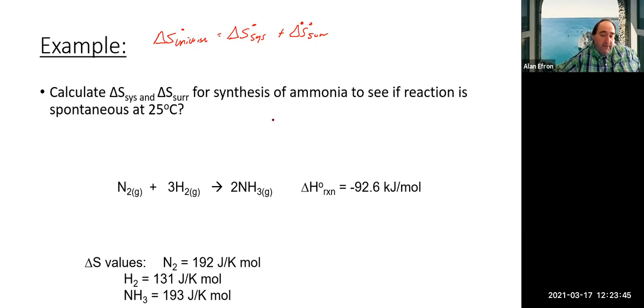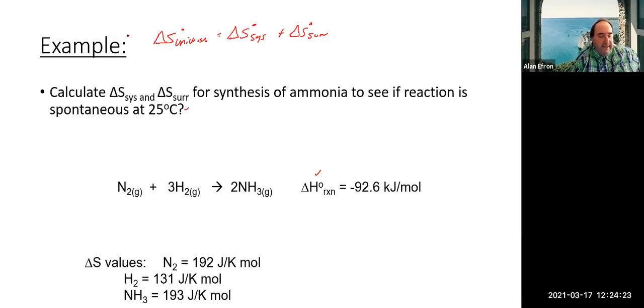And in this case, you have enough information to do both of those calculations. We have, from our table on the bottom there, a way to calculate the delta S of the reaction. And from the delta H value and the temperature value here, a way to calculate our surroundings. So let us start with the system here, or the reaction.